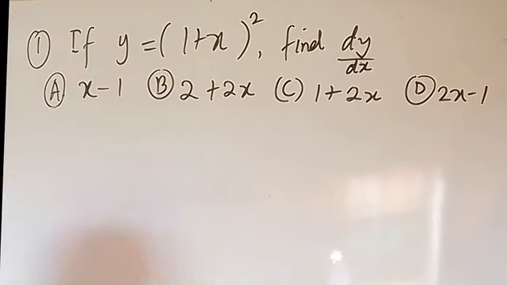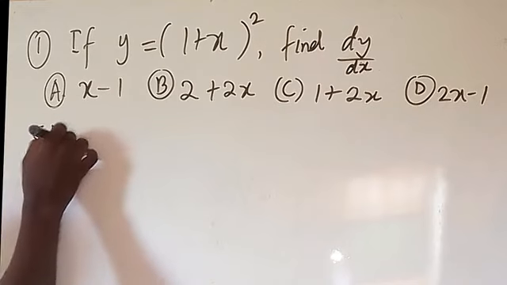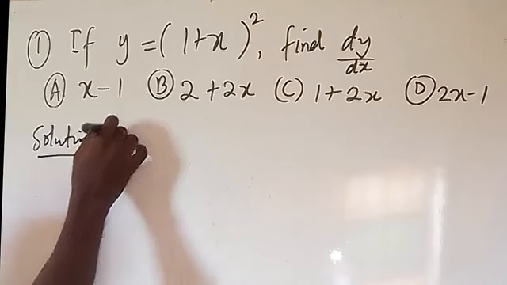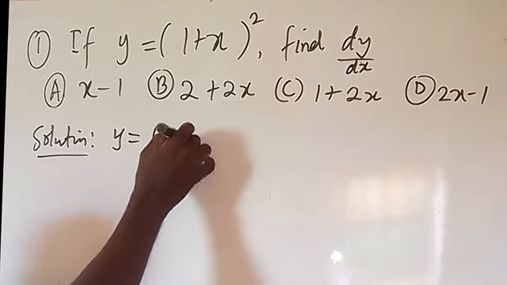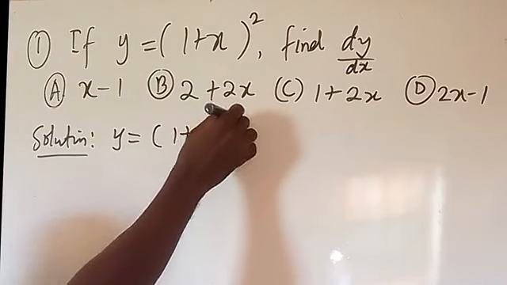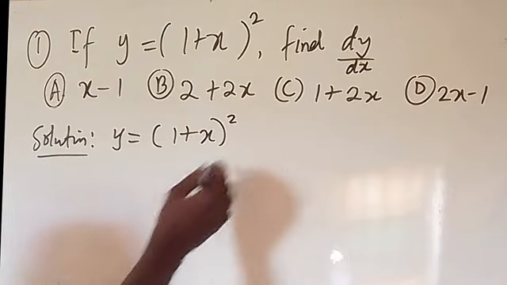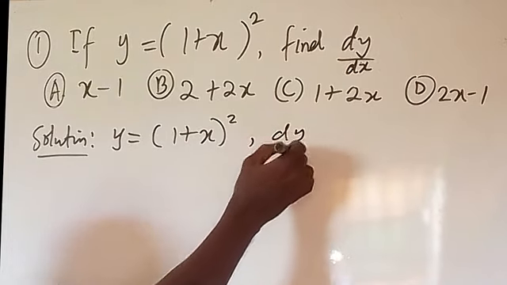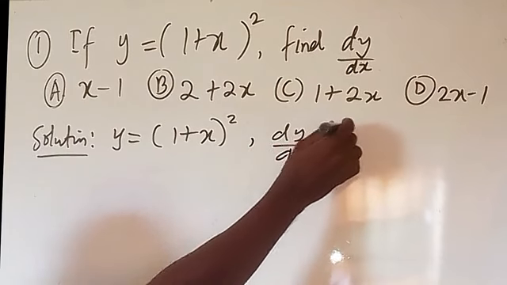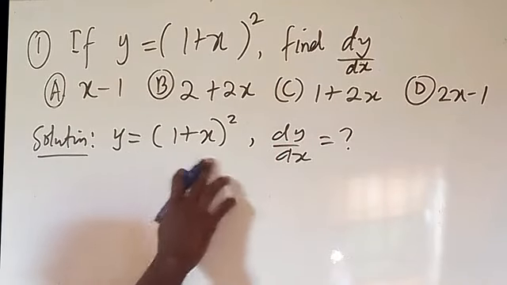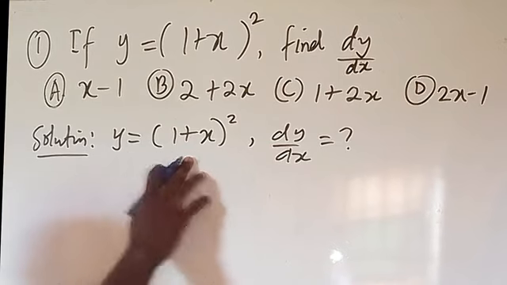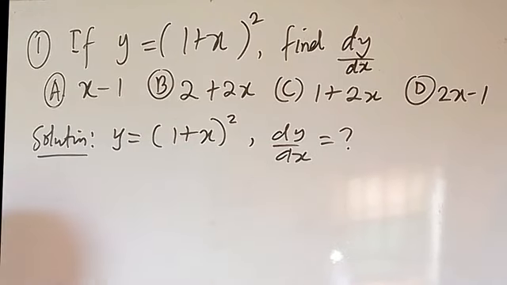So we have the solution. We have y to be (1 plus x) all squared. And the question asks us to find dy/dx, which means we are going to be differentiating y with respect to x.